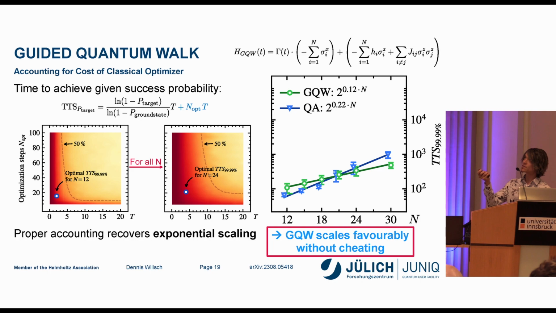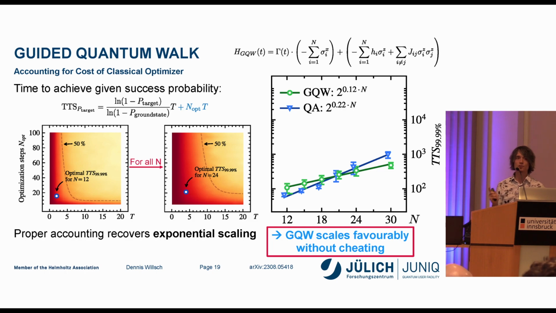Now we look at the time to achieve 90% success probability, and then we find, as a function of the number of qubits, so we scale up the problem, that quantum annealing has this scaling of the evolution time. We also saw this exponent yesterday, actually. And okay, it's exponential, right?